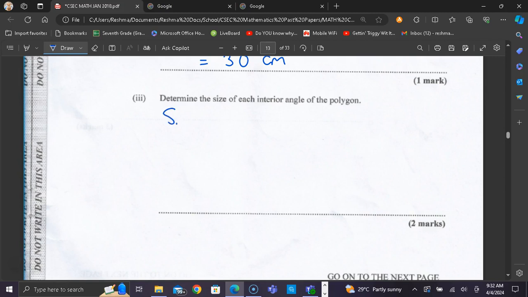The sum of the angles in a regular polygon is given by this formula, 2n minus 4 multiplied by 90 degrees, where n represents the number of sides in the polygon.